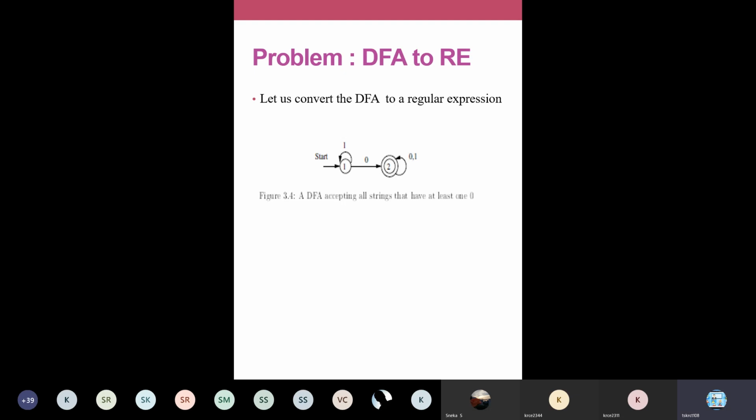So last class we saw this. Do you remember? I'll just tell you the gist of how to solve this problem, and we'll straight away go into a new problem. So you have a DFA diagram here. I hope everybody is ready and listening. Shall we start?